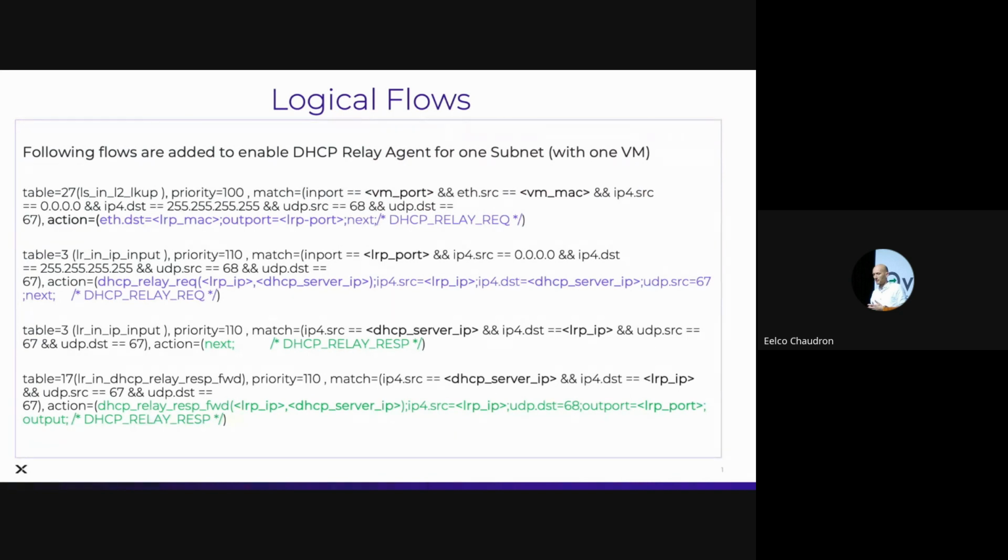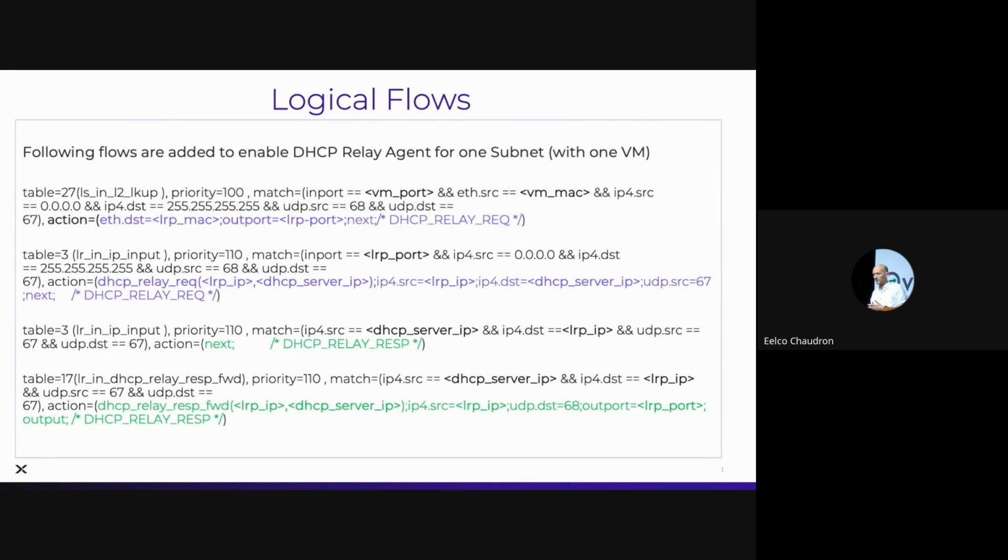The third flow is added to capture all the packets coming from the DHCP server to the LRP IP, and we are just deferring these packets to a later stage. We are not doing anything in the action other than submitting to the next table. The main reason we are deferring these packets to a later stage is to maintain symmetry for DHCP request and response packets in the logical router pipeline stages.